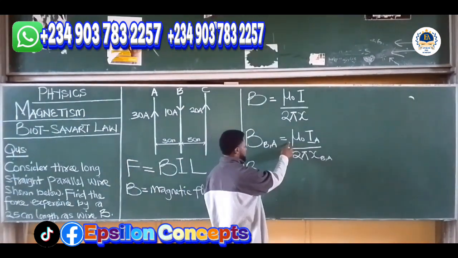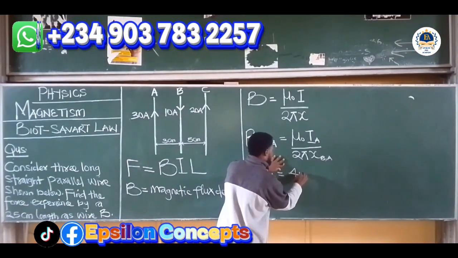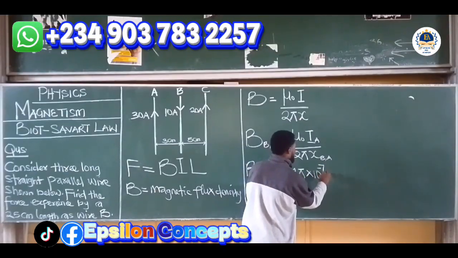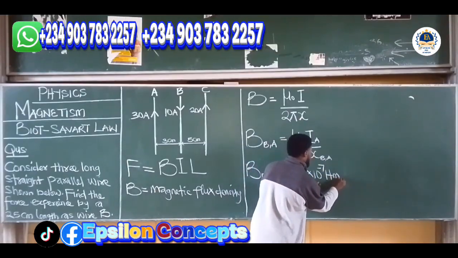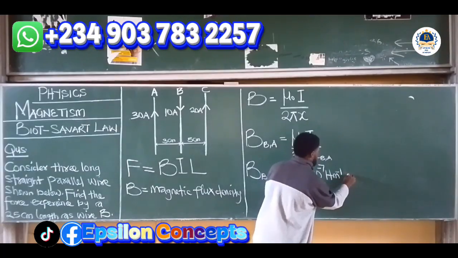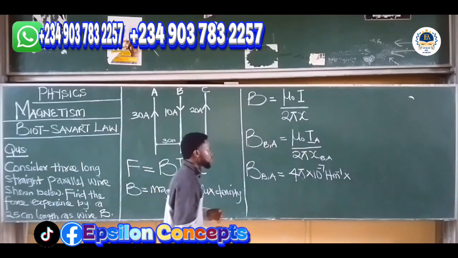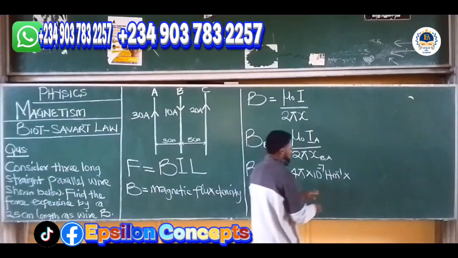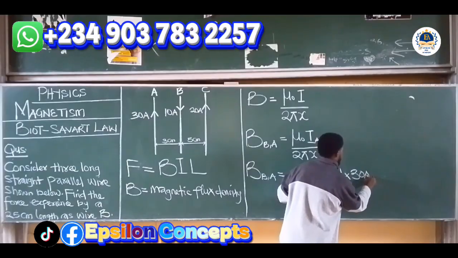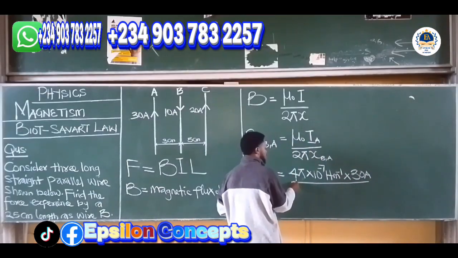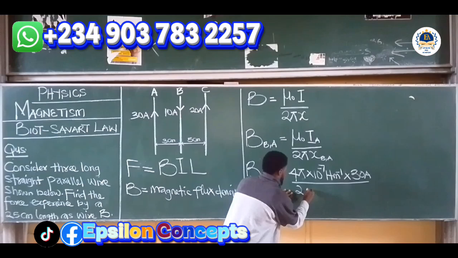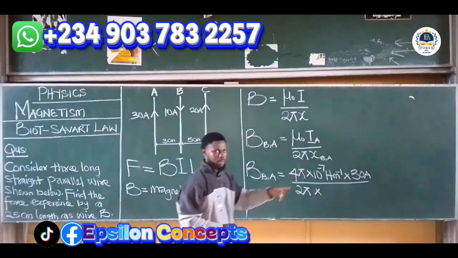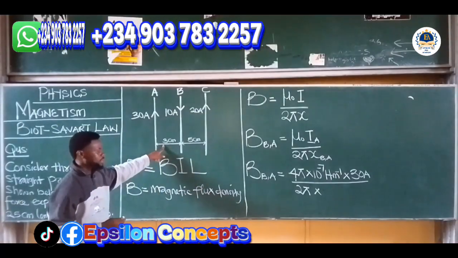This is multiplied by the current flowing at A, which is 30 ampere, divided by 2 pi times the distance between A and B, which is 3 centimeters.